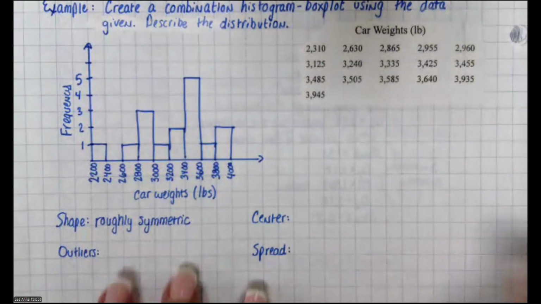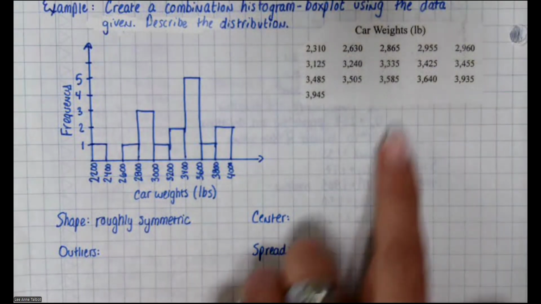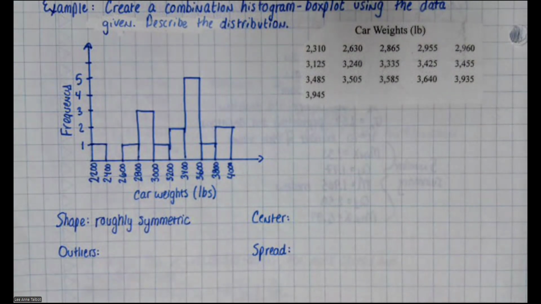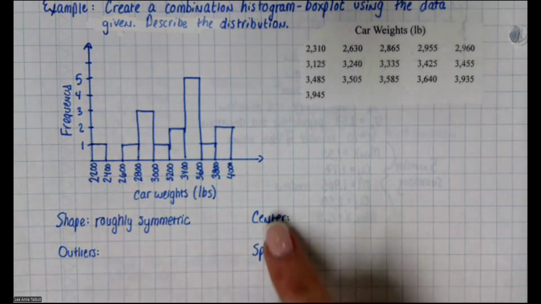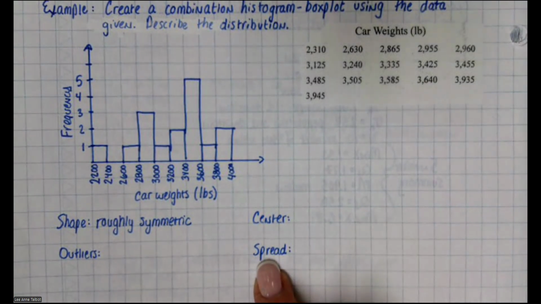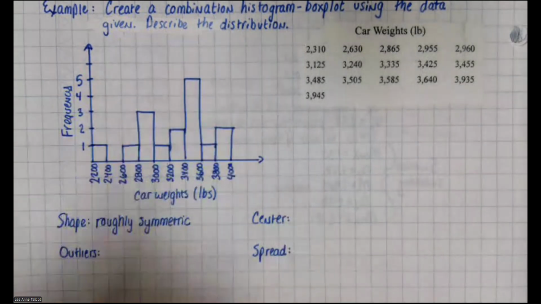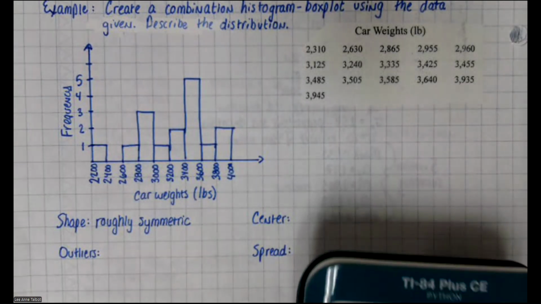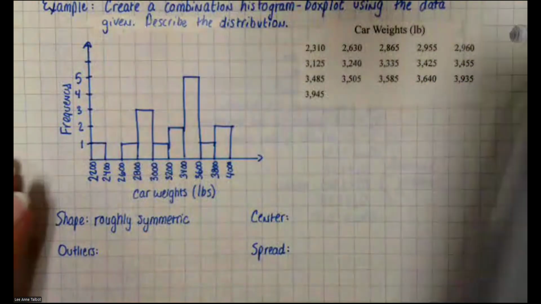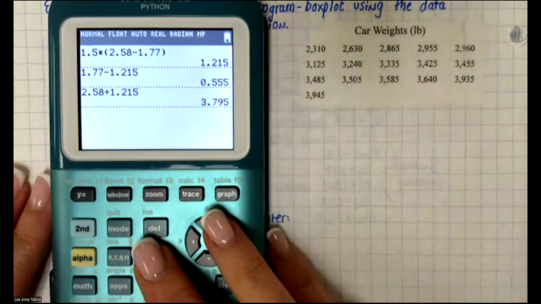But for the other things, I am going to utilize the one variable stats on the calculator to help me find my center, my spread, determine if there's outliers, and then I'm also going to use it to help me make a box plot. So this is very, very powerful information.